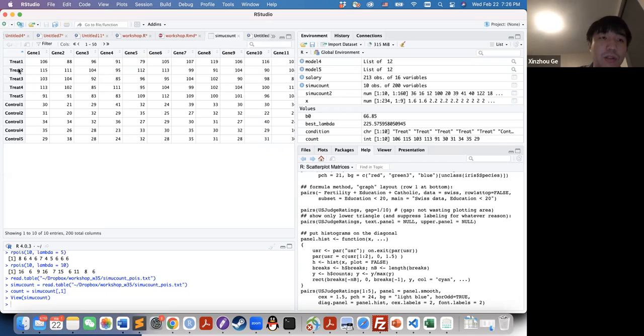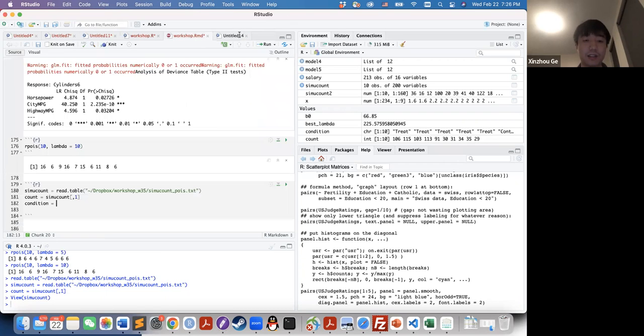If we want to use condition as a predictor, we can make the first 5 as 1 and the last 5 as 0. So we can generate such a condition vector. The first 5 are treat, and the last 5 are control. And that will be our predictor.